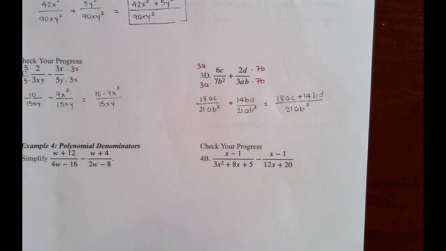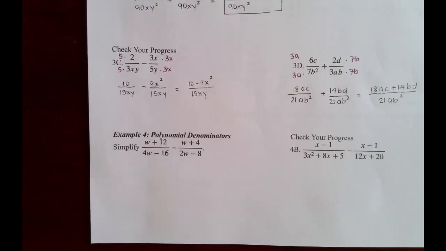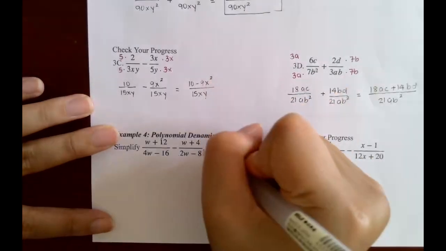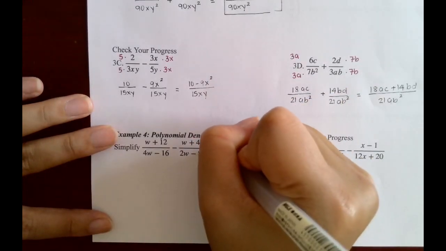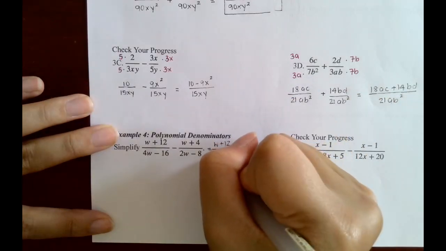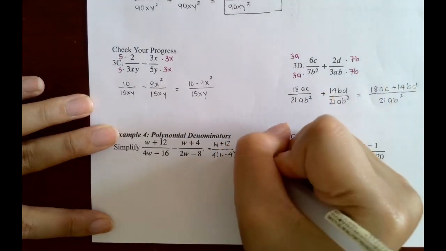Okay, so now what happens if it's a polynomial? Okay, so here what we're going to do is we're going to factor. Okay, so then here I'm going to factor. This becomes w plus 12, nothing to factor there. This is 4w minus 4, right?